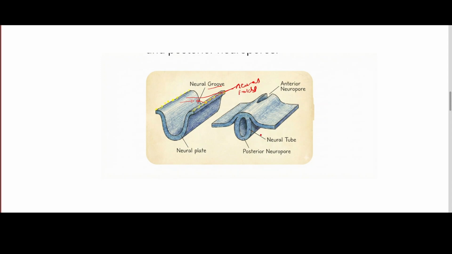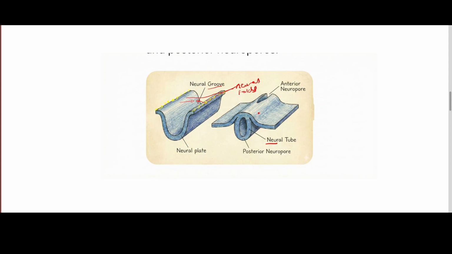This is called the neural tube. So we have here our neural tube, and after its formation, the neural tube gets separated from the surface ectoderm, and this surface ectoderm eventually forms other structures like the skin.